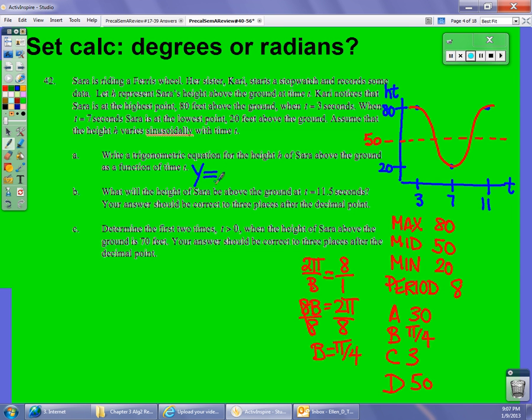We get y equals 30 cosine of pi over 4 theta, in this case minus 3, that's our phase shift, plus 50. Remember, this is based on this equation, A cosine B theta minus C plus D.